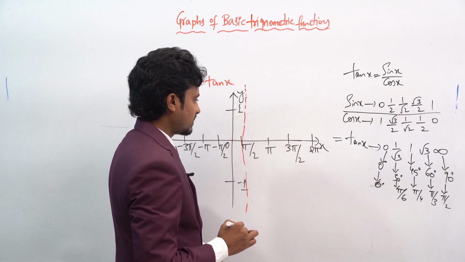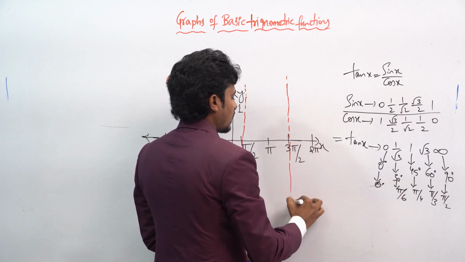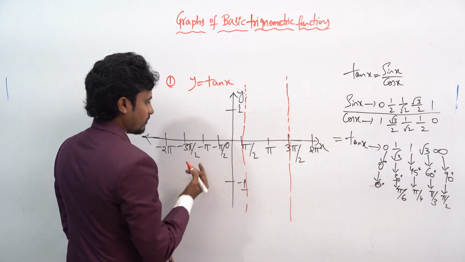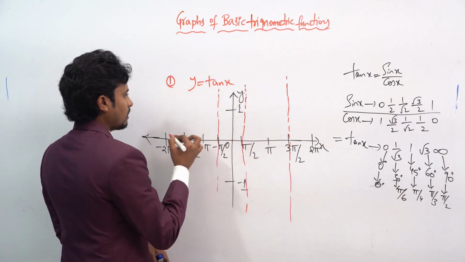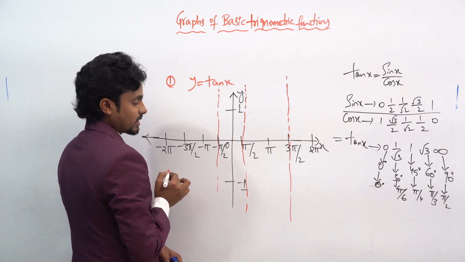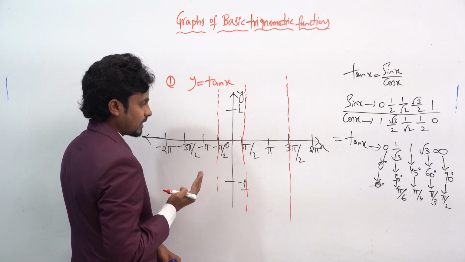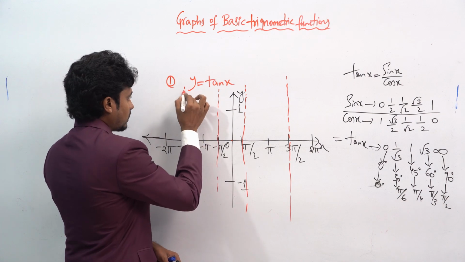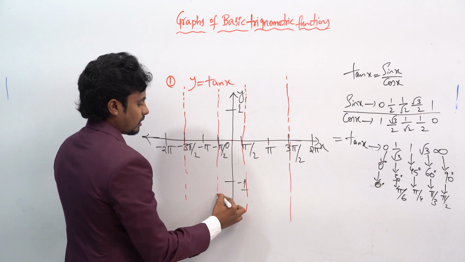Okay, and similarly here for 3 pi by 2 also you will get asymptotes. Here also for negative, the asymptotes will come. For odd multiples, why? Because in this tan function the odd multiples are not defined, that will become infinite. So here this will be the dotted asymptotes.